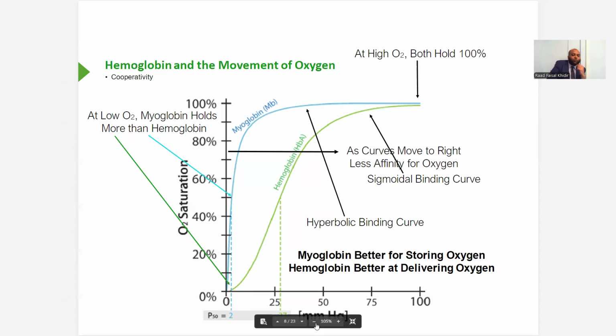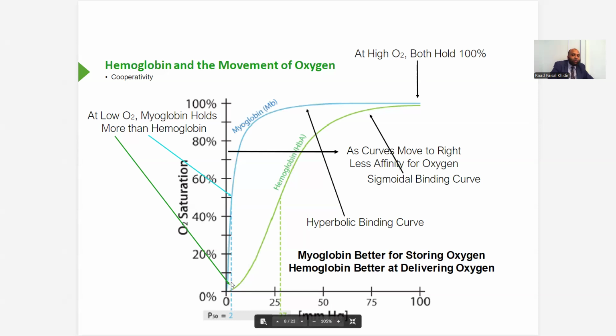To make it easier for you, think of this x coordinate as 10% oxygen. There's only 10% oxygen there. When there's only 10% oxygen, myoglobin will only have almost 10% oxygen because it let go of the 90%. Because there's only 10%, it let go of everything. But look at hemoglobin.